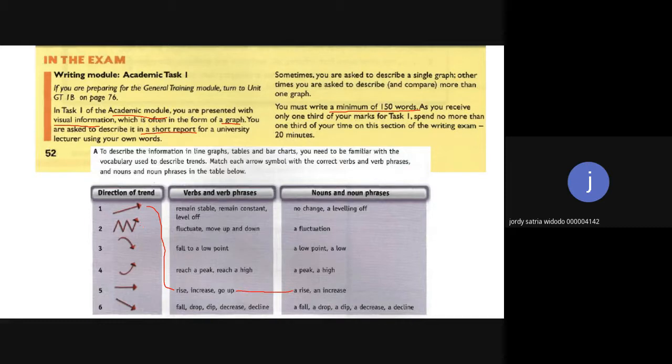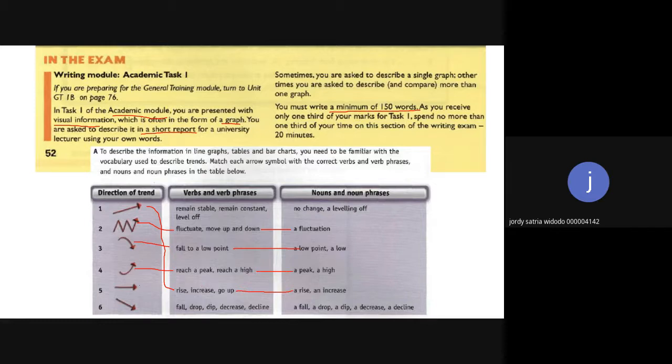What about this? That must be fluctuate, move up and down, a fluctuation. And what about this? Fall to a low point, a low. And about this, reach a peak, reach a high, or a peak or a high.